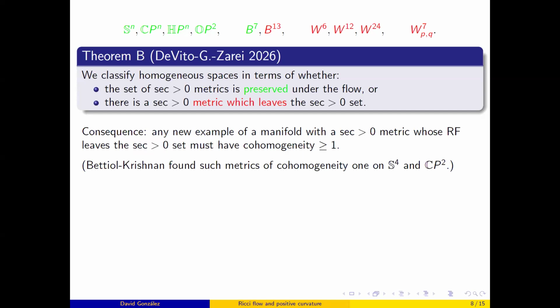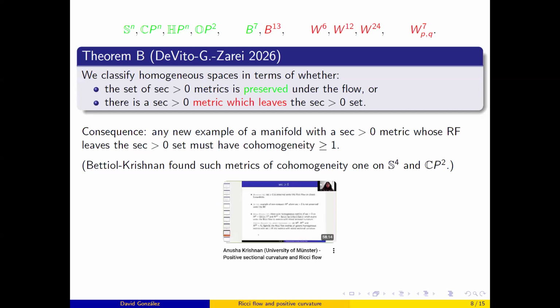It has been done. Renato Betiol and Anusha Krishnan found metrics of homogeneity 1 in dimension 4, where you start with positive curvature and you lose this property under the flow. And this is the second recommendation for previous talks. Precisely, Anusha gave a talk about this result previously in this seminar. So you can have a look at it if you are interested.